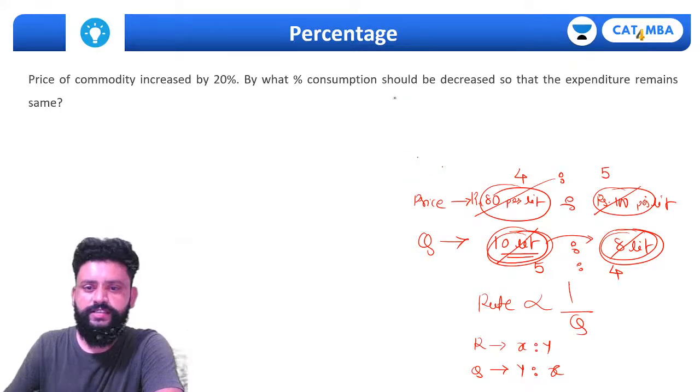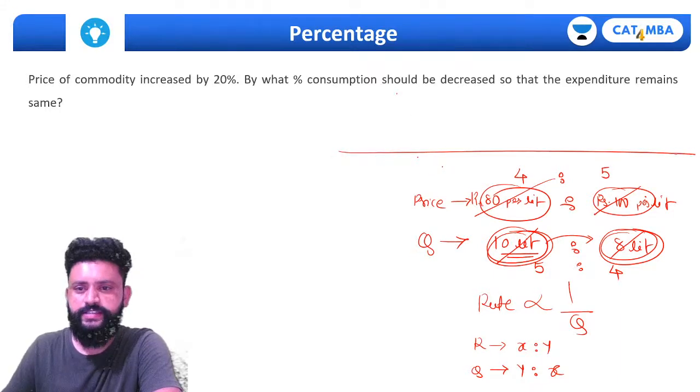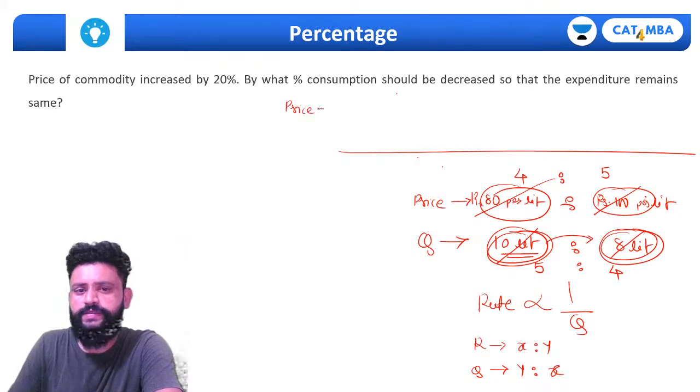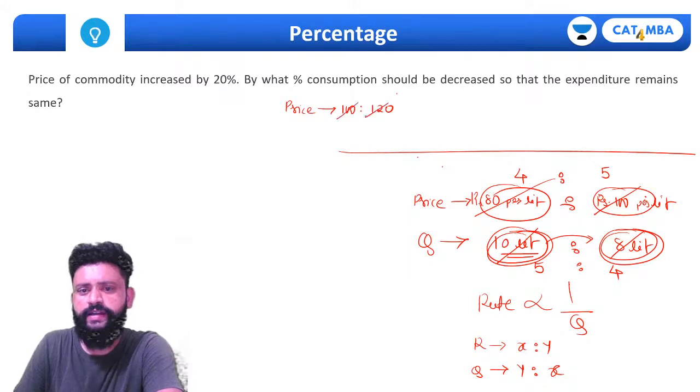So the simple one step solution to the above question is this. The price of the commodity is increased by 20%. That means if the original price is 100, the new price will be 120, and the ratio of the price is 5:6.